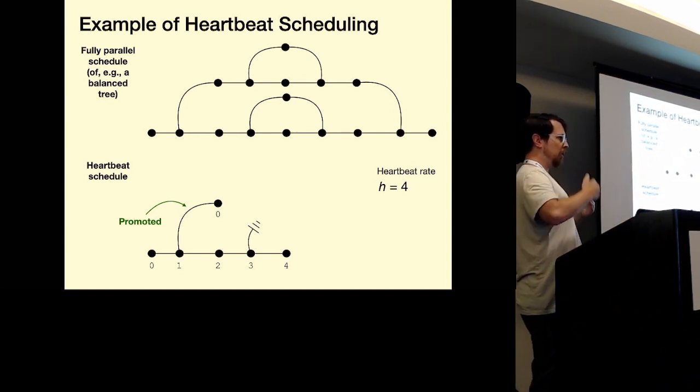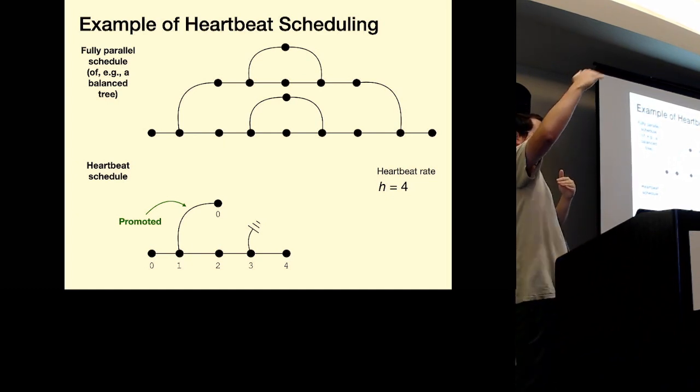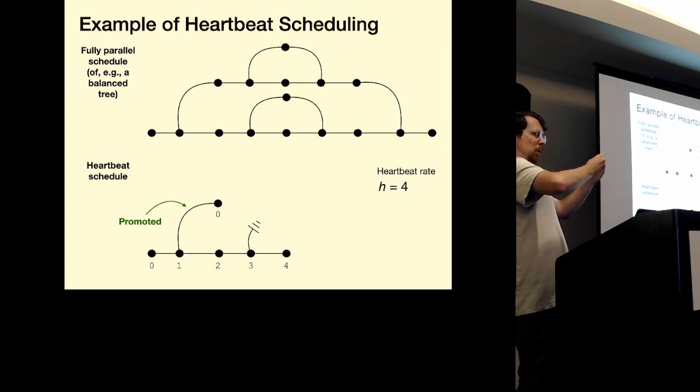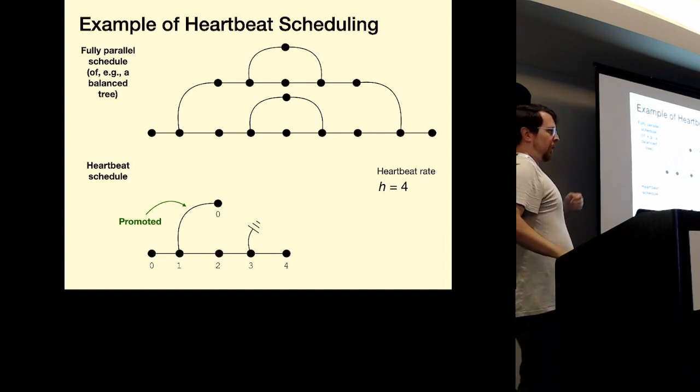That's a little bit awkward, though, as we're going to see. That's one of the tricky aspects of this refactoring: usually you're working locally in a DFS style, like with a sequential schedule. With heartbeat scheduling, you want to work locally most of the time, but when you do a promotion, you have to go out to the outermost instance of parallelism.